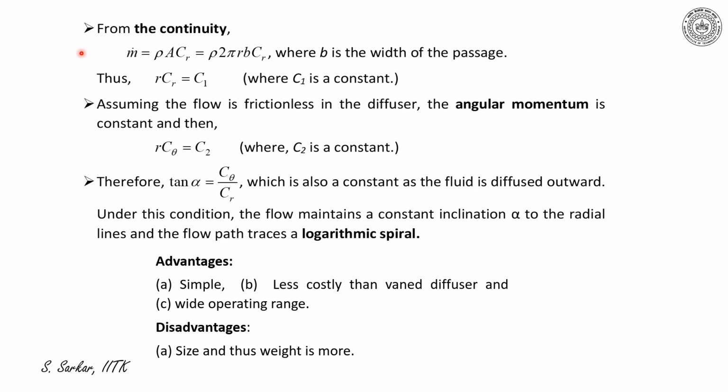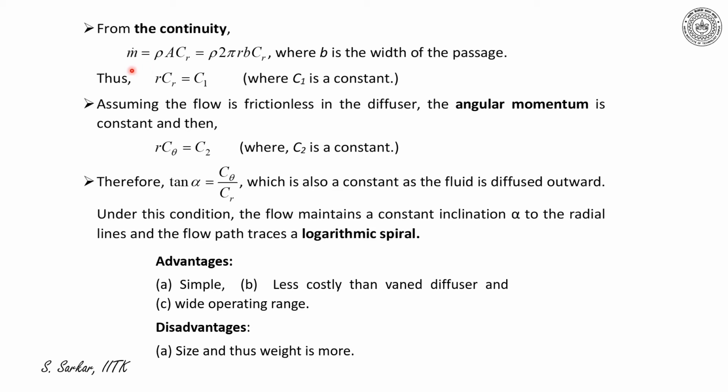Now, if m dot be the mass flow rate, then within the volute casing, applying the continuity equation, I can write m dot is equal to rho A into CR. CR is the radial component of velocity, and A is the flow area, where A can be written as twice pi r into B, where B is the width of the passage.